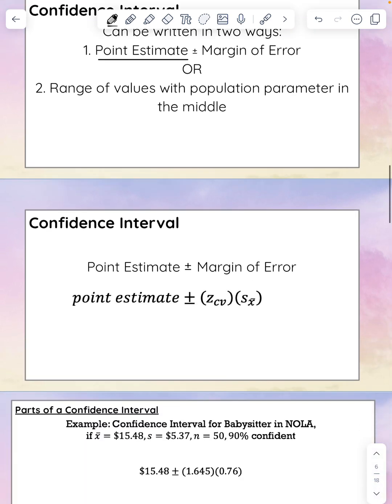For example, it's going to look like this. So you have your point estimate plus or minus your margin of error. This is your critical value of Z. And this is what we call our standard error.